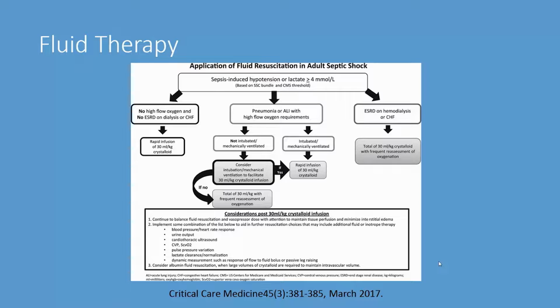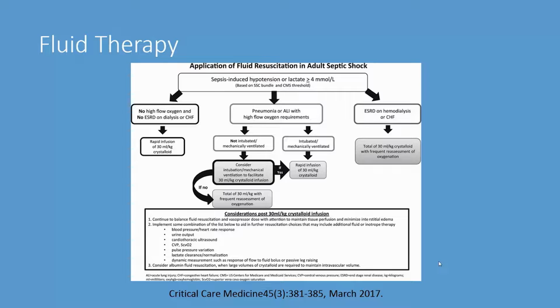So notice, even if they have end-stage renal disease and on hemodialysis, or they have CHF, that 30 per kilo recommendation still stands. Okay? Again, you're just probably going to reassess the patient a little bit differently, but the basic approach is still the same.